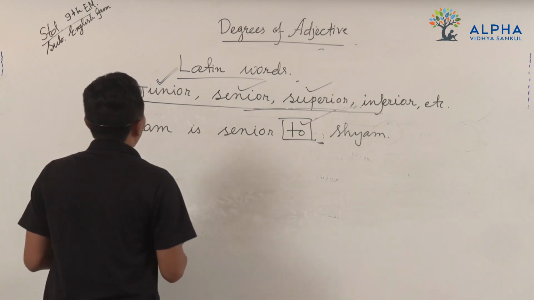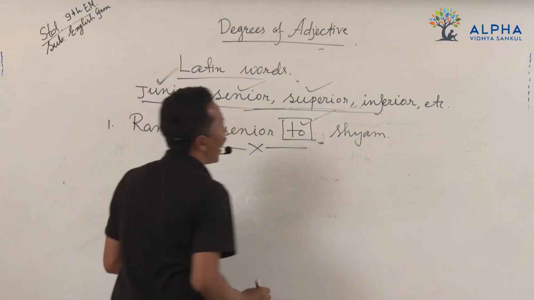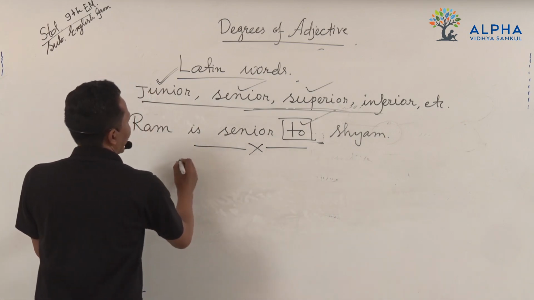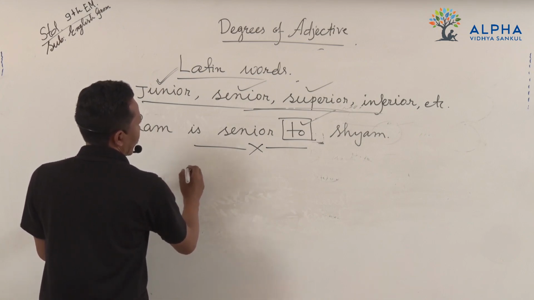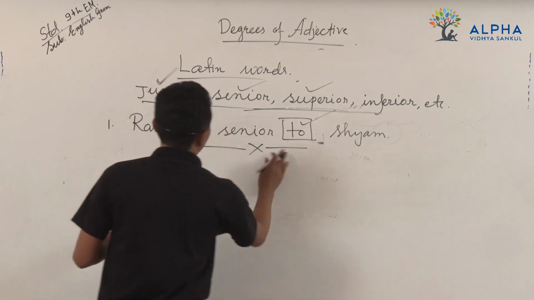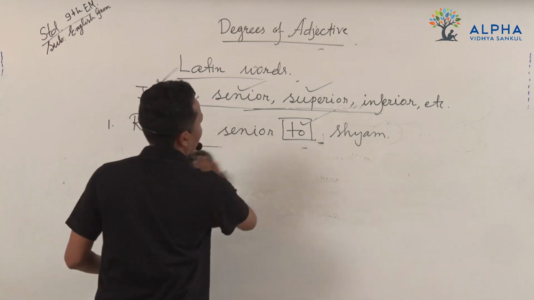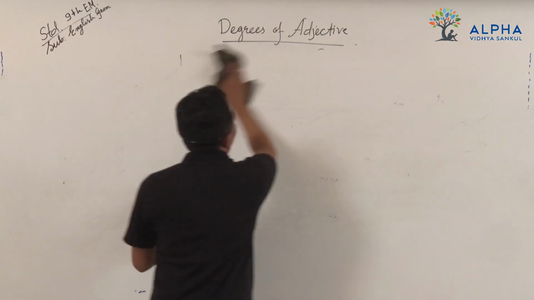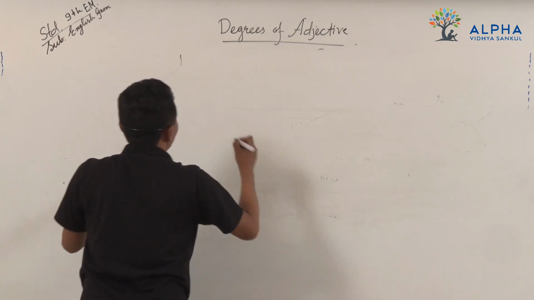And now let me come. There are some adjectives. They do not have what? They do not have their other forms. They have only what? They do not have positive and superlatives.